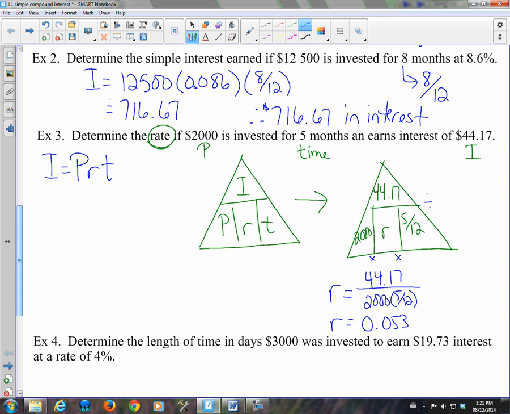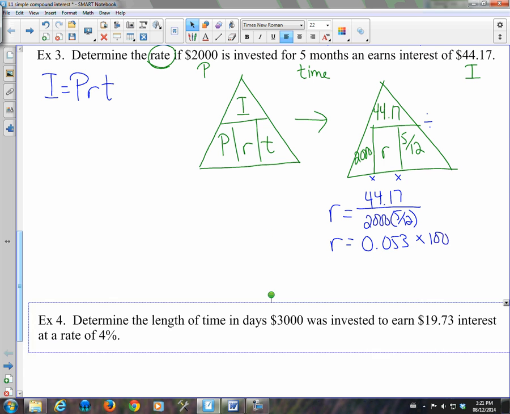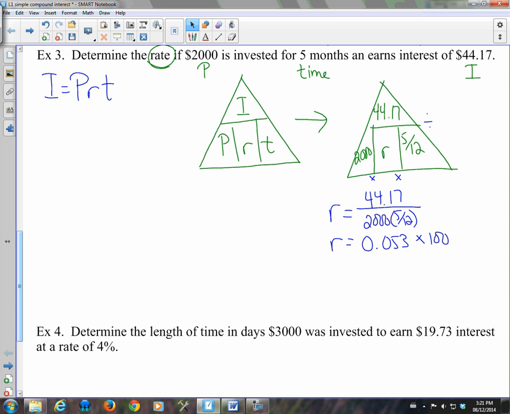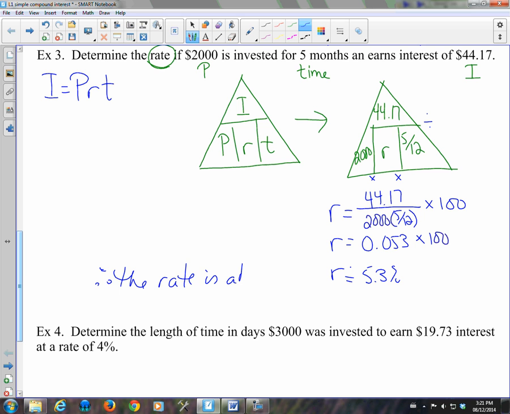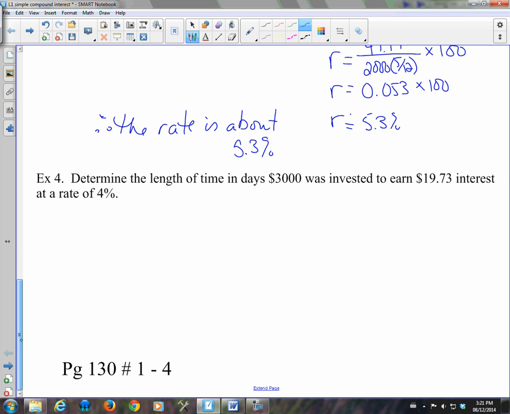So if I want to change it back to a percent, I'm going to multiply by 100 to get my interest rate in a percent. It's about 5.3%. So therefore, don't forget your therefore statement. 5.3% per year.